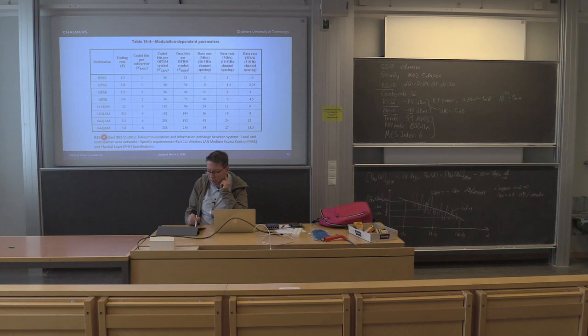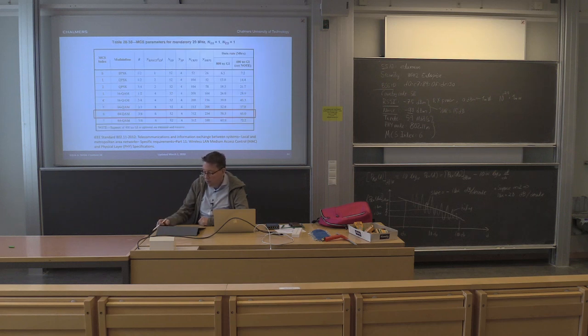If you remember from the beginning of the course, we had BPSK, QPSK, and QAM constellations. And then there is some error control code rate on this. Basically here we see the different data rates we can get, depending on which coding and modulation scheme we have used.